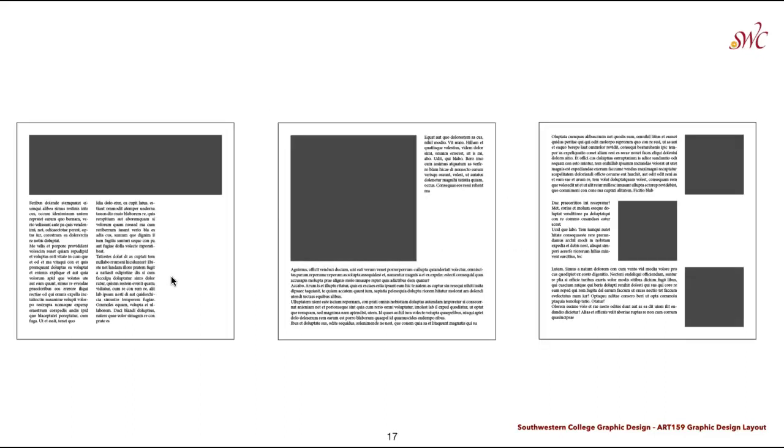So it will be the same modular grid that you used in part 1 of these 9 different modules. And depending on the layout that you're working on, you're going to be working on 10 compositions in total. You're going to be placing placeholder boxes for where images would sit and placeholder content for where your text would sit as well. And this gives us an idea of how we can use a modular grid to create different spatial zones and create a variety of layouts within the same grid structure.